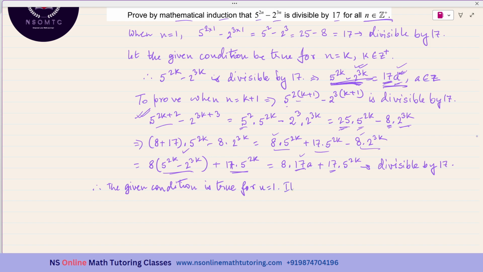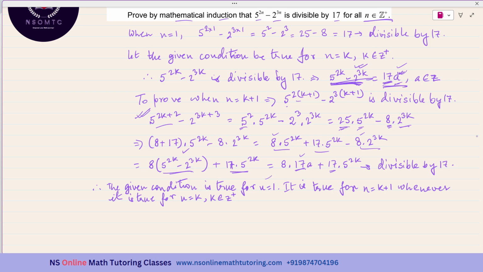It is true for n equal to k plus 1 whenever it is true for n equal to k, k belonging to the set of positive integers. So it is true for n equal to k plus 1 whenever it is true for n equal to k.